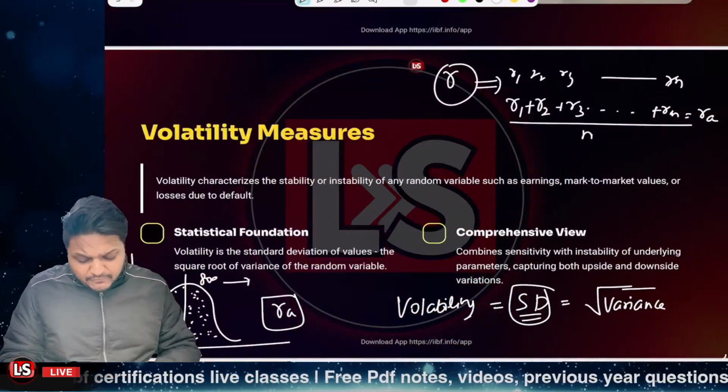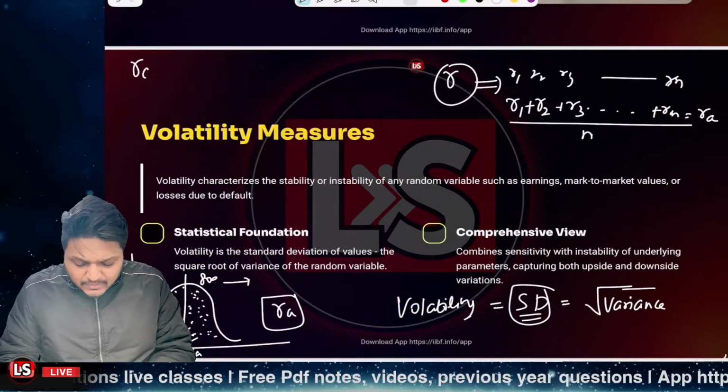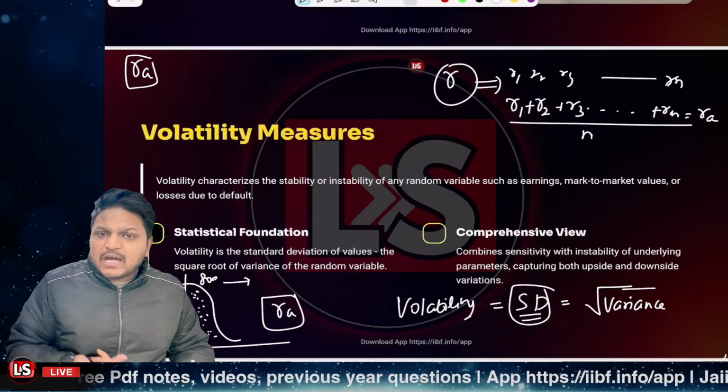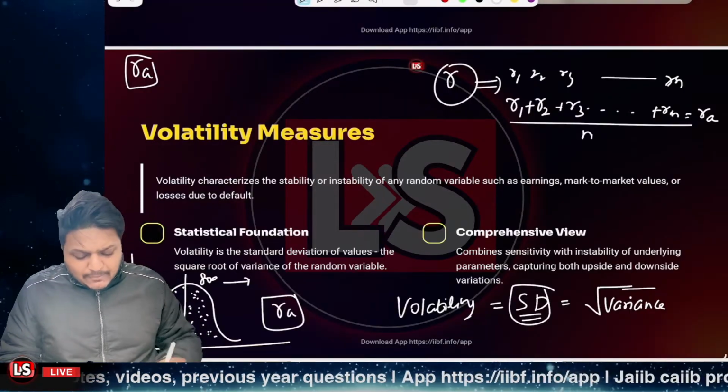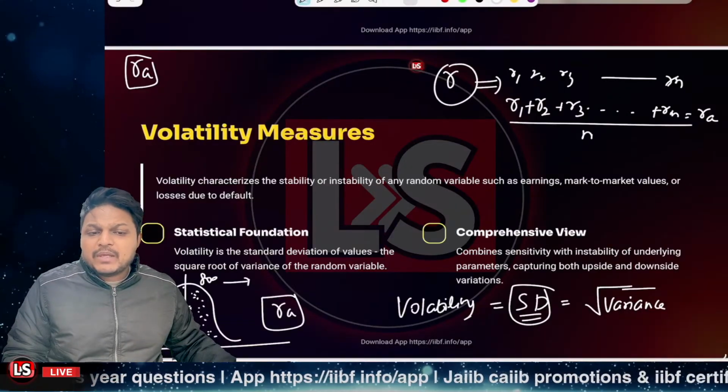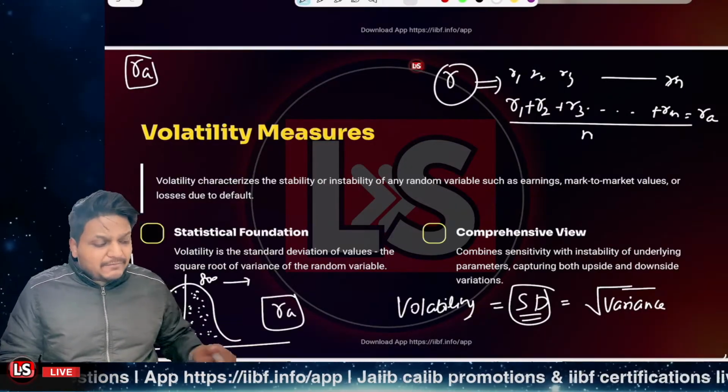In this scenario, if I tell you we have the average as R bar, and different terms like R1, R2, R3 up to Rn, how can I calculate the standard deviation? It's the sum of the squared differences from the mean, right?